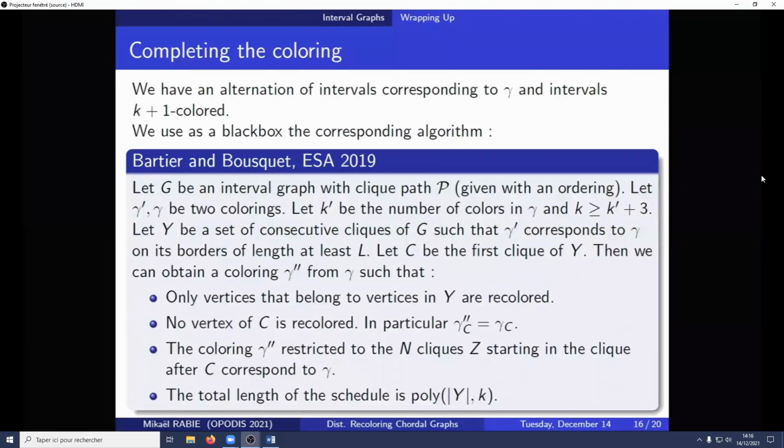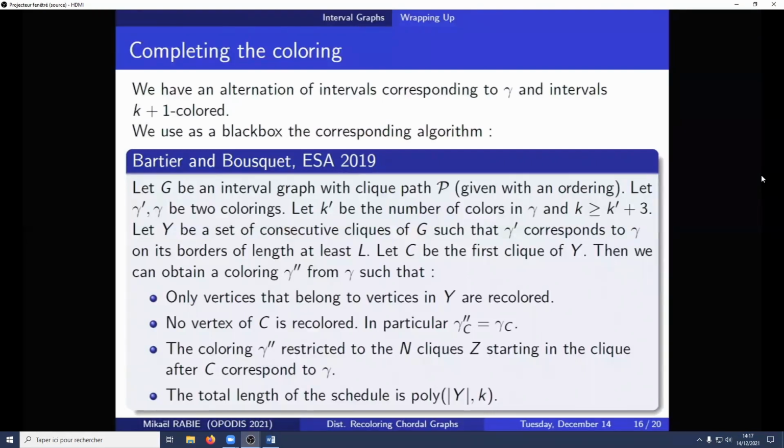Then we have this unreadable lemma that you don't need to look at. Basically, this is the main result we use as a black box from the centralized setting, and it's a result from Bartier and Bousquet. The idea behind it is that if we have our target coloring on some interval of good size, then we are able to extend it on more cliques after a polynomial number of rounds, depending on the number of cliques we want to add and the number of colors.